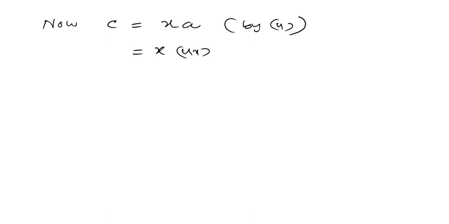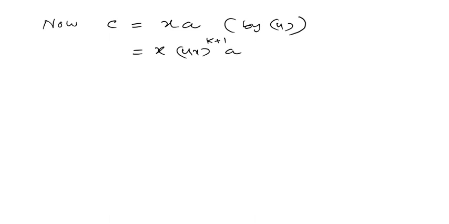Now what is c? By definition it's equal to xa by 4, where we defined it. Now again, what's a? a is equal to this ux power any integer. Let's choose the integer k plus 1 here.